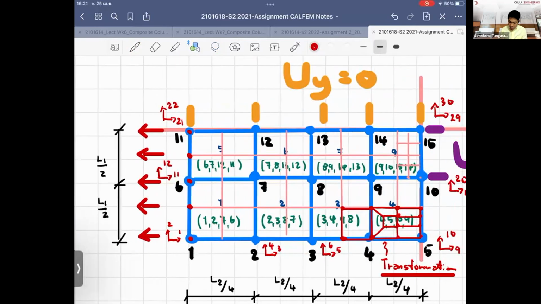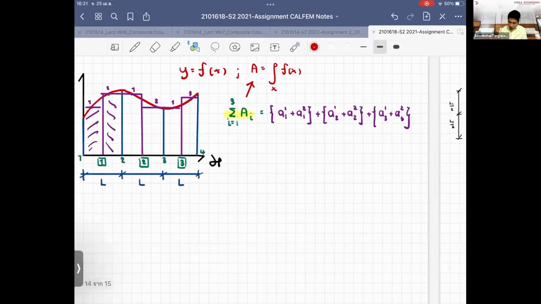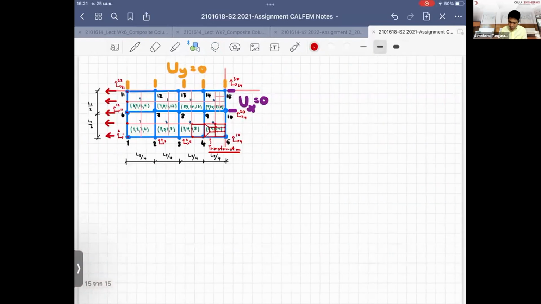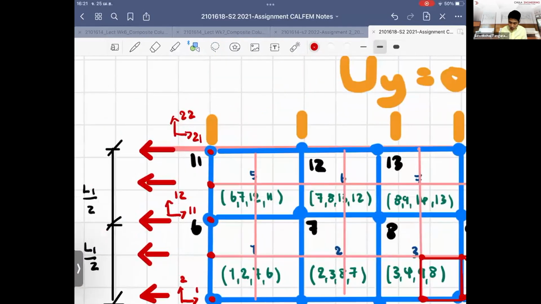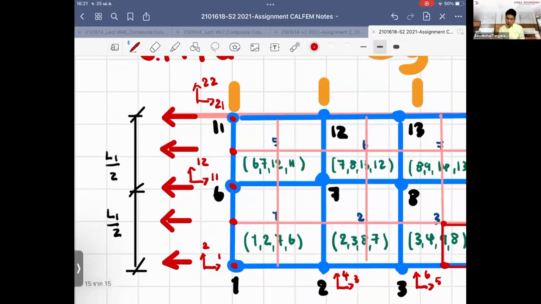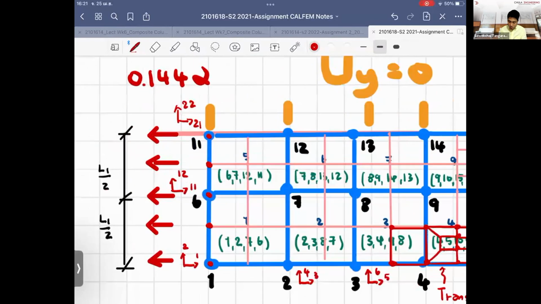Right. So don't forget, for example, if I have 0.288 alpha, so the sum of the nodal force along the line here has to be equal to, because we just take by half, 0.144. Alpha is a constant depending on the group number you're looking at. So this is the sum of the forces.